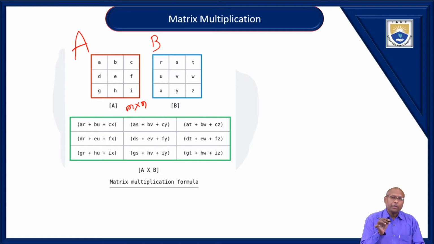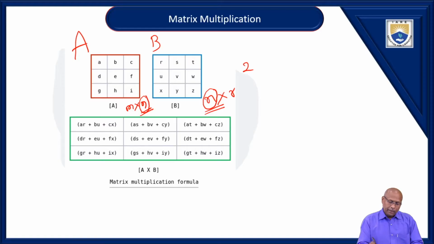Here there is another matrix, assume n rows, r columns. For matrix multiplication, there is a condition. What is the condition? The number of columns of the first matrix must be equal to the number of rows of the second matrix. If both are equal, then matrix multiplication is possible.